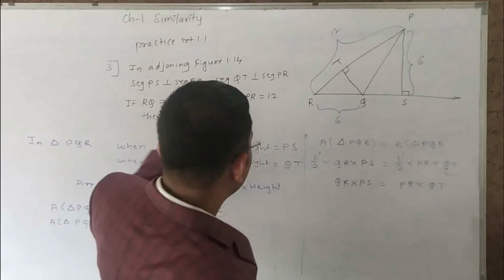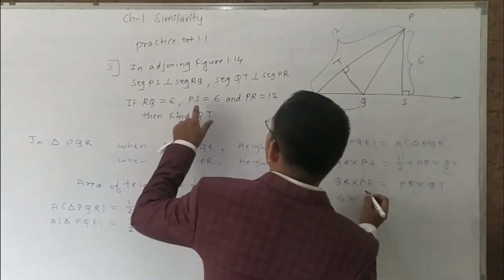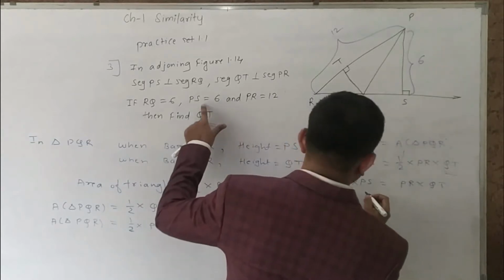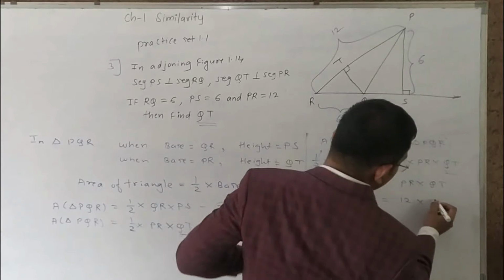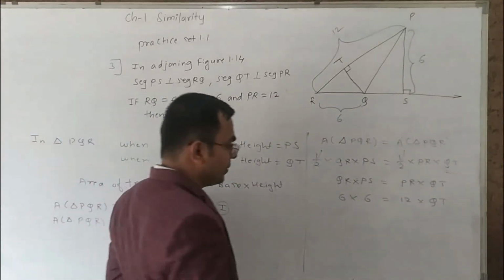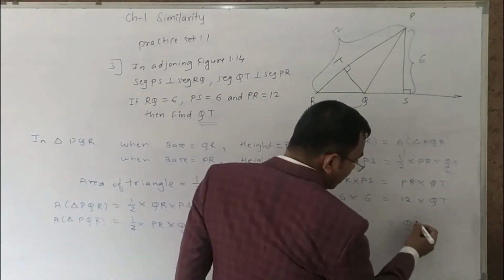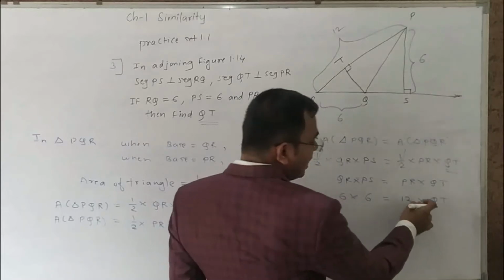Now put the values. QR is how much? 6. PS is also 6. PR is how much? 12. QT remains as it is, because we don't have QT, and QT we have to find out. So to get QT, we have to move this constant term to the other side. Here 12 is in multiplication.